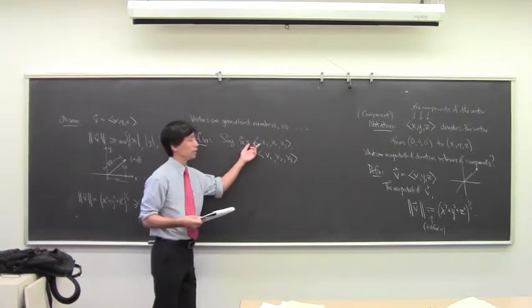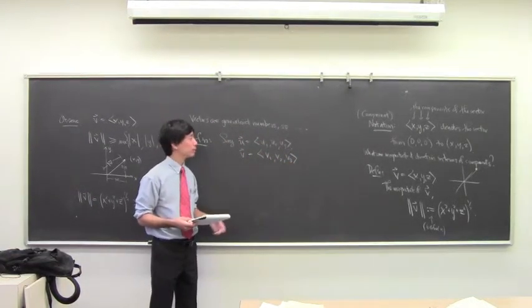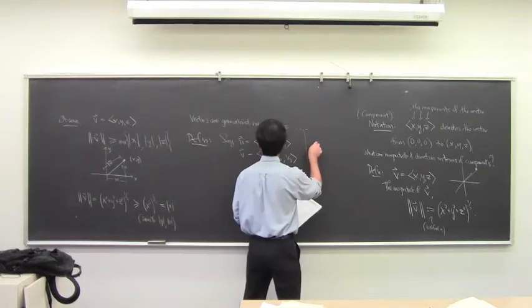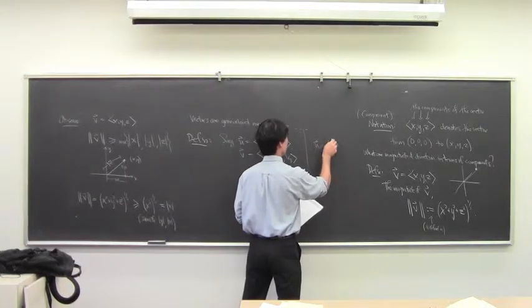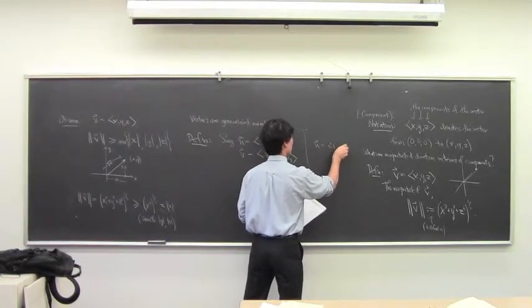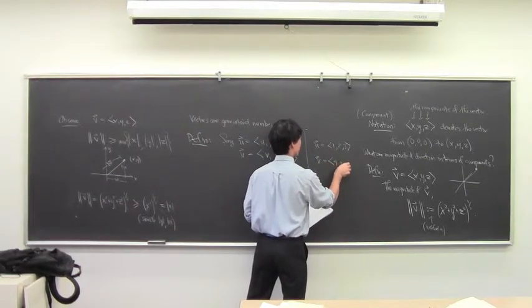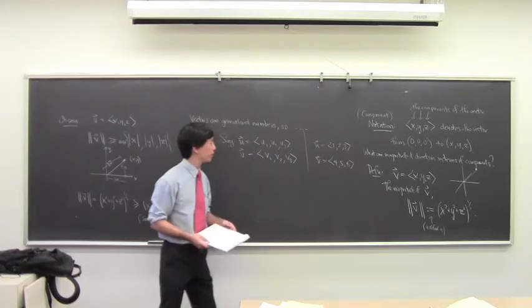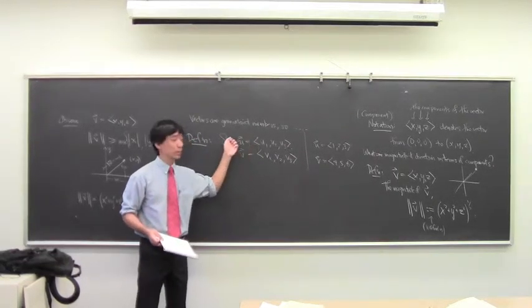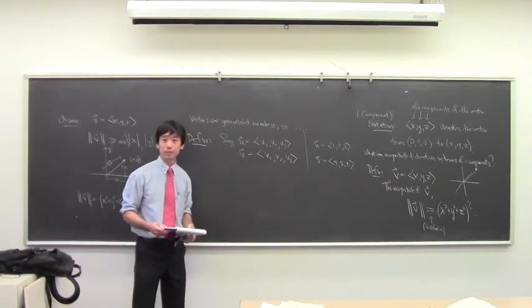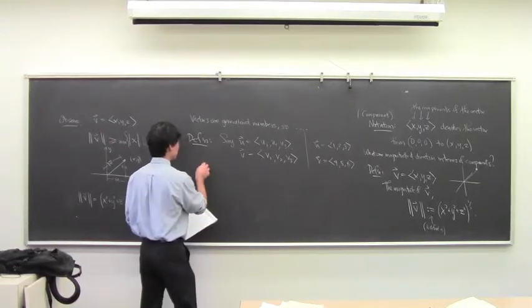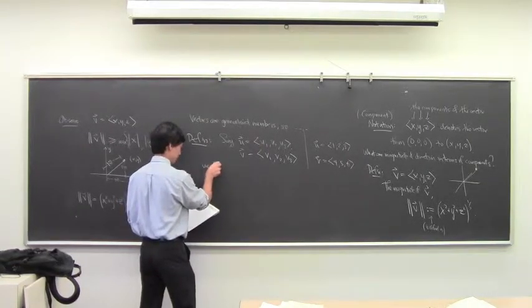So these things are the components. If you want to make it concrete, just pretend that u is (1, 2, 3), say, and v is (4, 5, 6). All we said is: suppose you have 2 vectors, and here are the components.